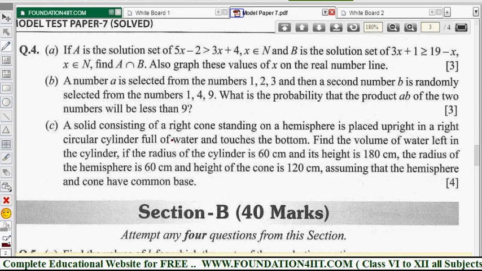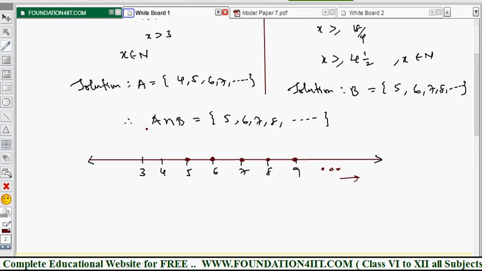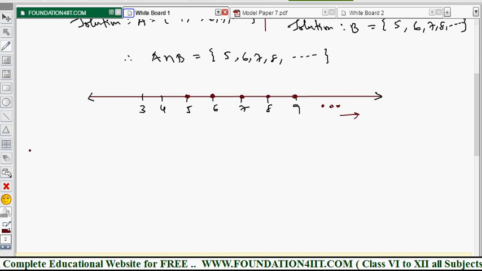A is selected from 1, 2, 3 and B is selected from only 1, 4, 9 randomly.